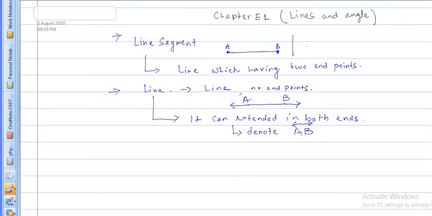Similarly, how can you define this line segment? That means you can define line segment as AB with this symbol. You understand my point or not? So always you never tell just that. Now if somewhere this symbol is given, then you know that this is AB line segment.